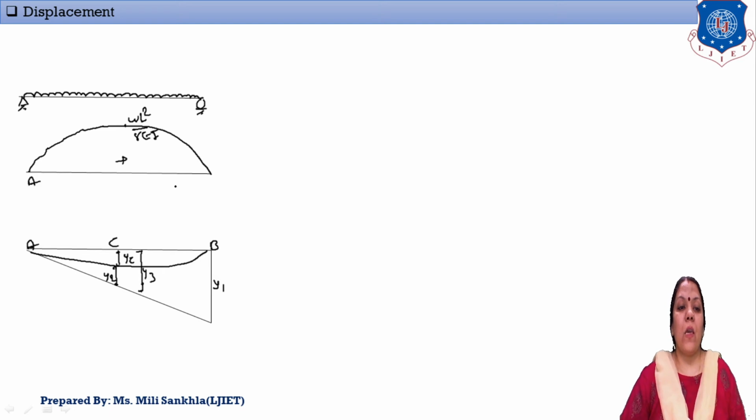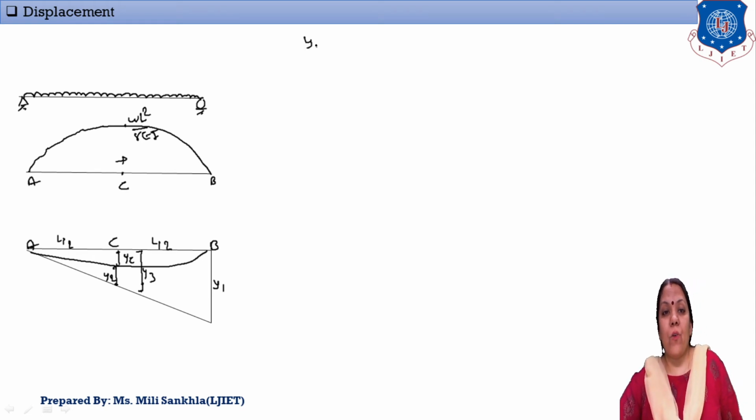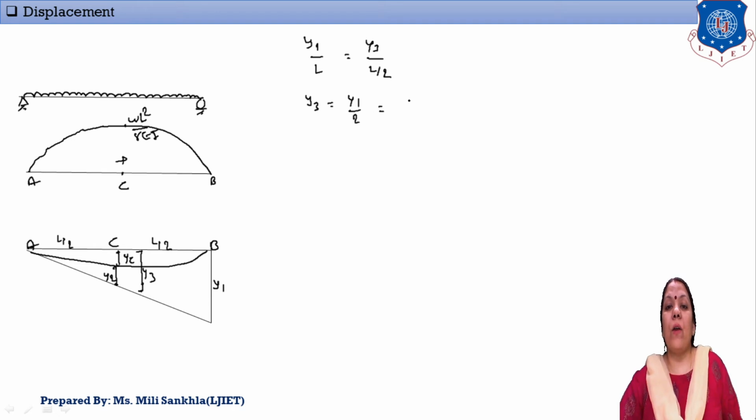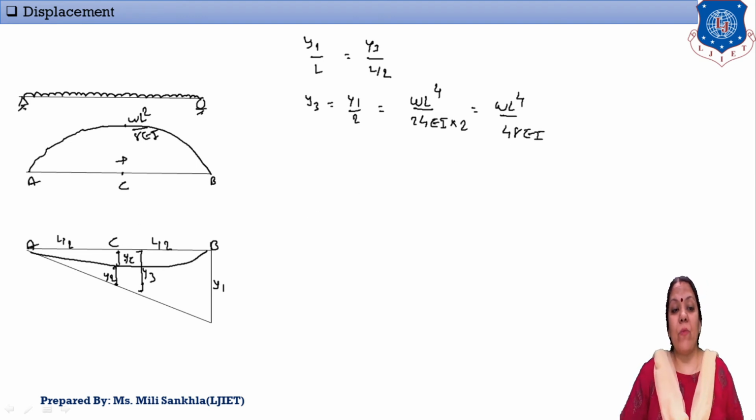This distance is L by 2, this distance is L by 2. Take the ratio Y1 by L equals Y3 by L by 2, so Y3 is equal to Y1 by 2. Y1 is WL raised to 4 by 24 EI, so Y3 is WL raised to 4 by 48 EI. Clear?